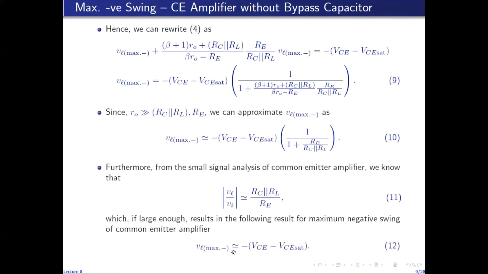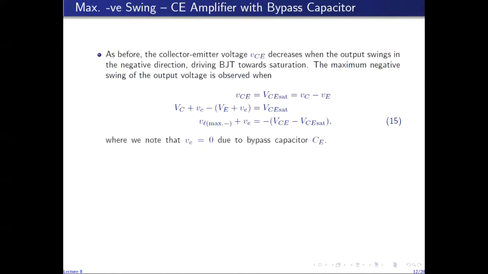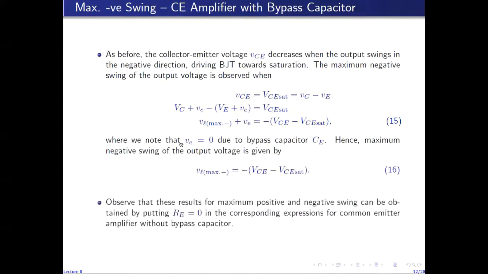So this becomes an equality as we obtained here. So you can directly obtain the results for the common emitter amplifier with bypass capacitor from the results we obtained for the common emitter amplifier without bypass capacitor by simply putting RE to 0 in those expressions.